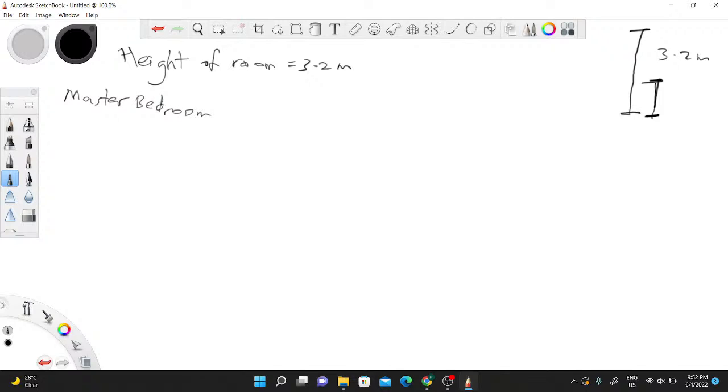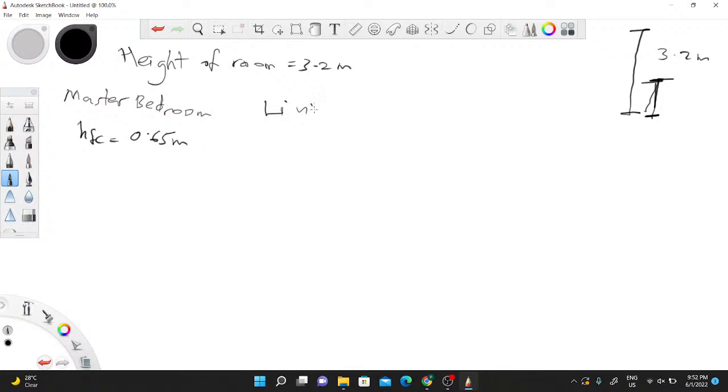they've given us the floor cavity height, that's the height of the working plane from the ground. For the master bedroom, our floor cavity height, HFC, is 0.65 meters.